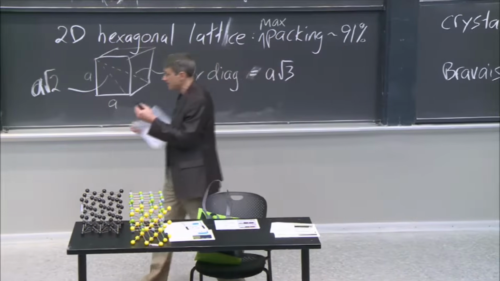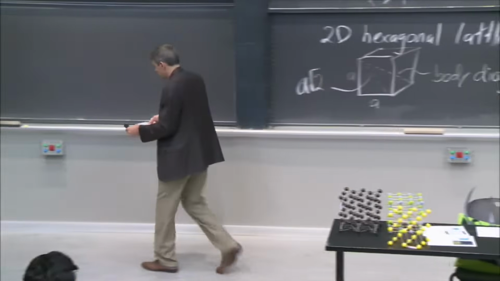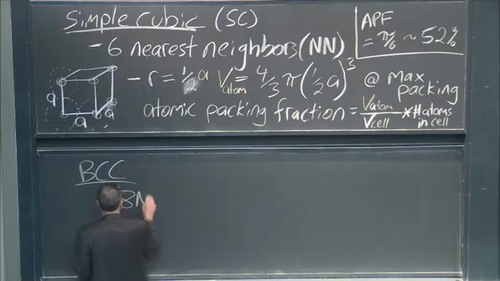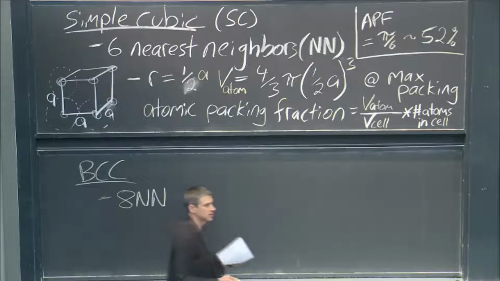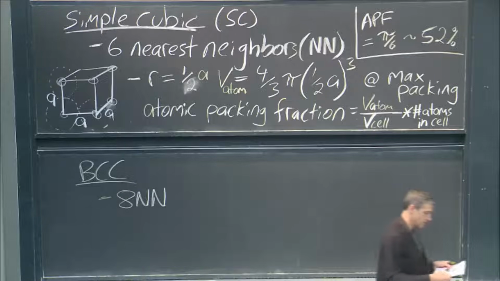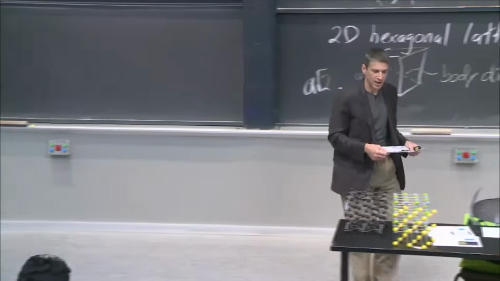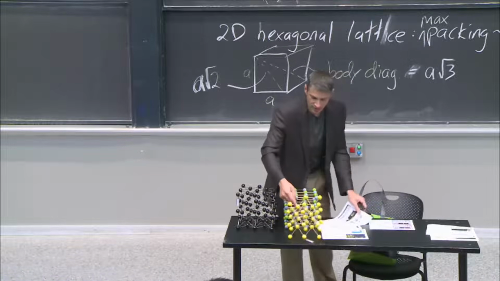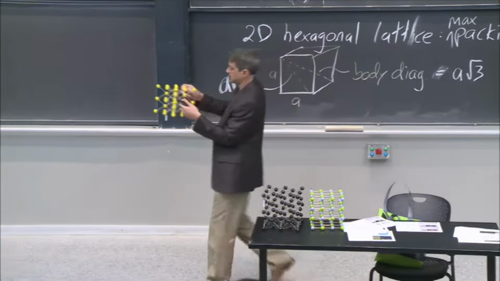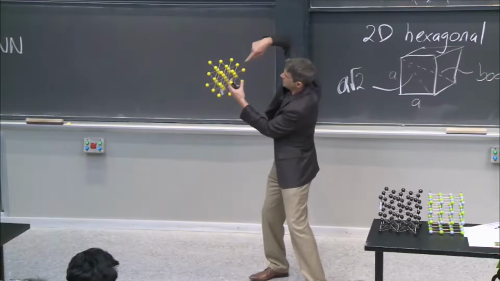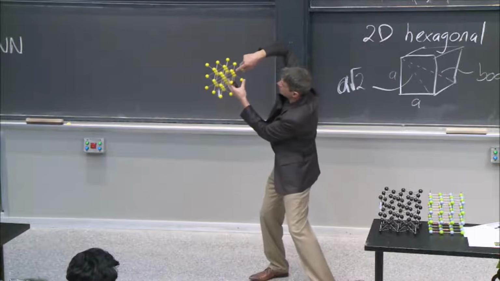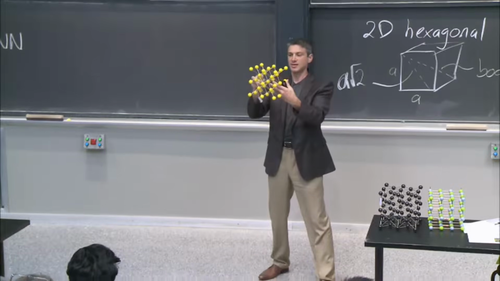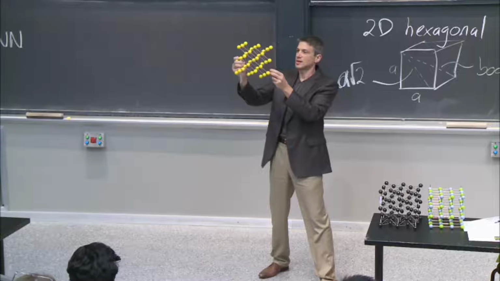That's what BCC means. Well, if you grow that, first of all, 8 nearest neighbors. You can see that because I've got the 6, but then I've got these ones here. Actually, it's not the 6. I've got the one along the diagonal, which is kind of the point I wanted to make next. This is BCC.